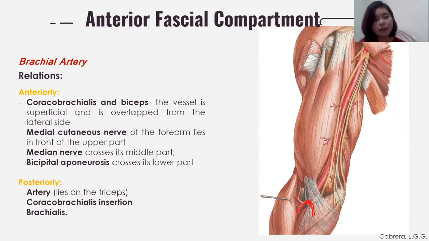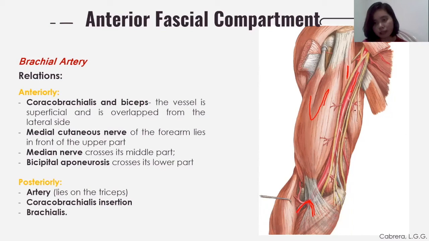For the anterior relation of the brachial artery, so ito pong brachial artery na nasa gitna na kulay red, we have the coracobrachialis. So ito po ang coracobrachialis muscle. And of course, the biceps muscle, which the vessel is superficial and is overlapped from the lateral side.